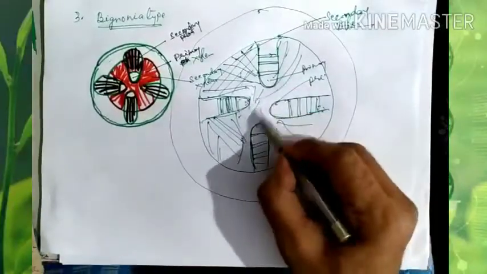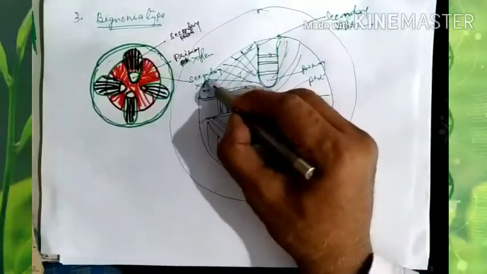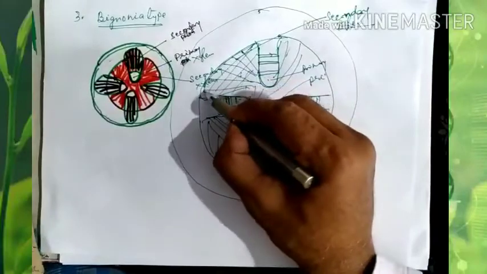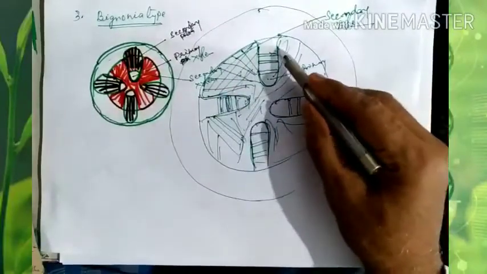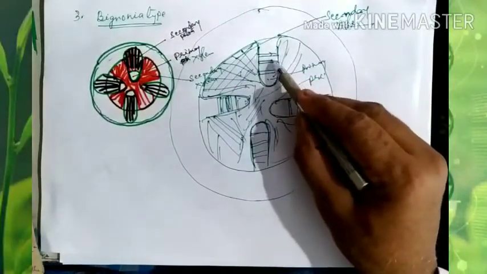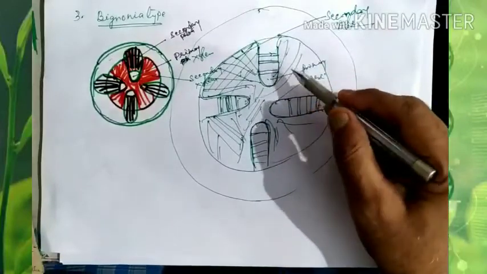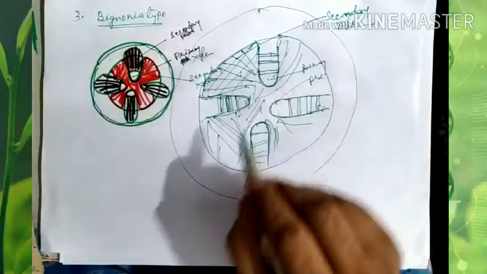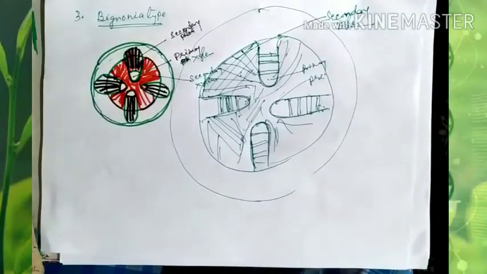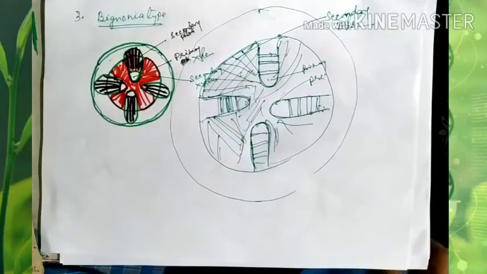The secondary xylem gives the mechanical strength, and the strips of sclerenchyma found in the secondary phloem give the plant elasticity, so the plant stem does not break.